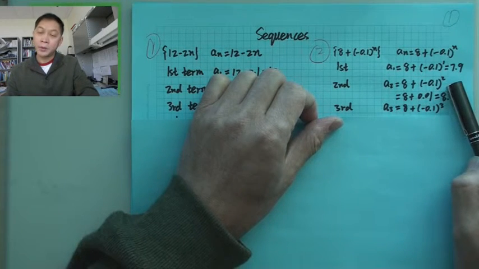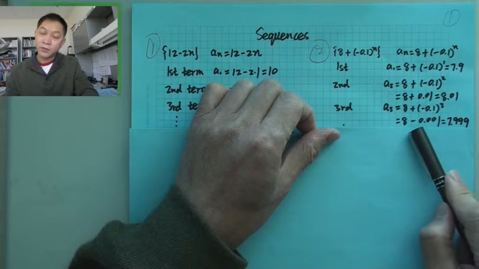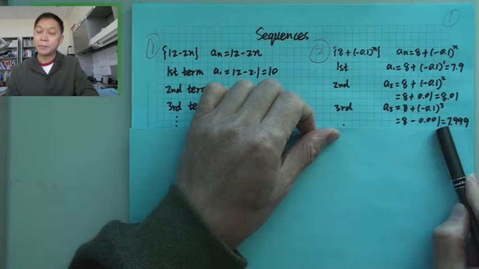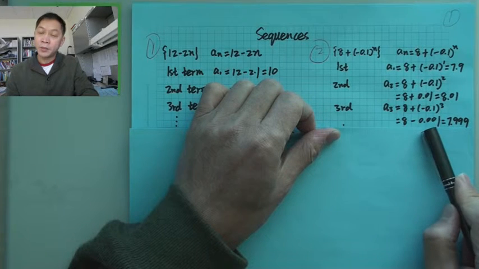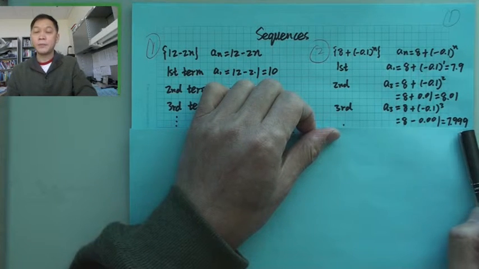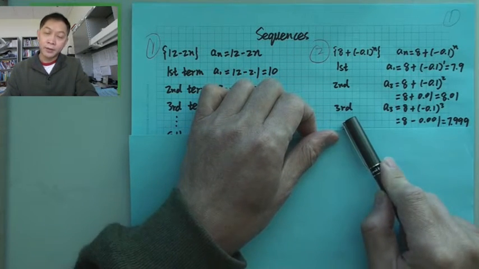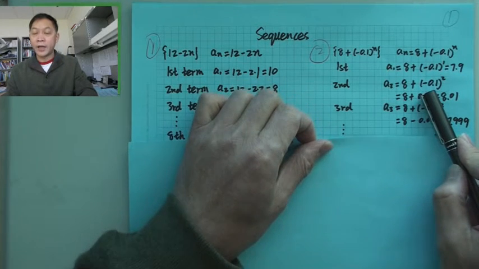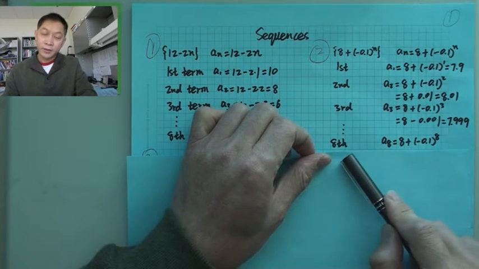Then we will have a negative because there are 3 negatives. Okay, so negative 0.001. And 8 minus 0.001 is 7.999. That's the third term.